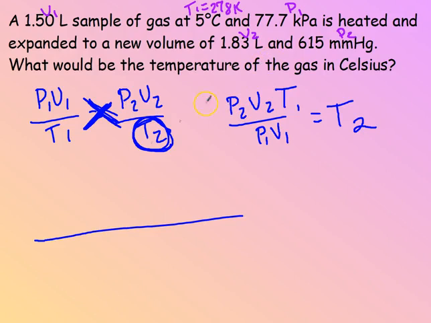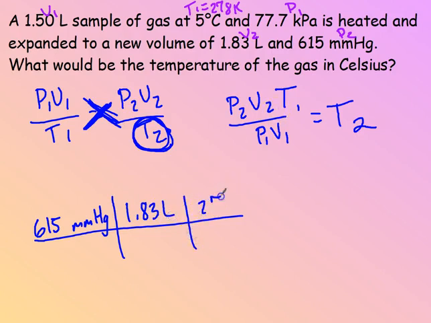Pressure 2, I said, was 615 mmHg. Volume 2, I said, was 1.83 liters. Temperature 1, I said, was 278 Kelvin. Pressure 1 was 77.7 kPa. There goes my two pressures. And last but not least, volume 1, which was 1.50 liters.